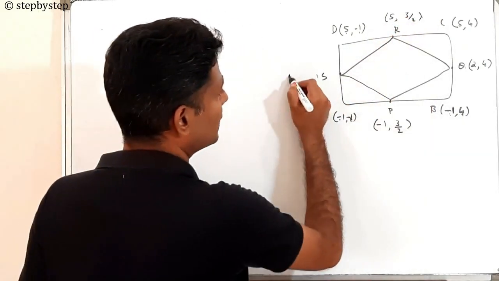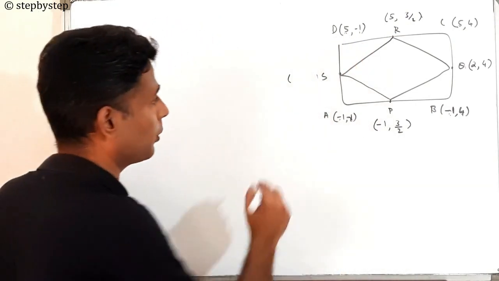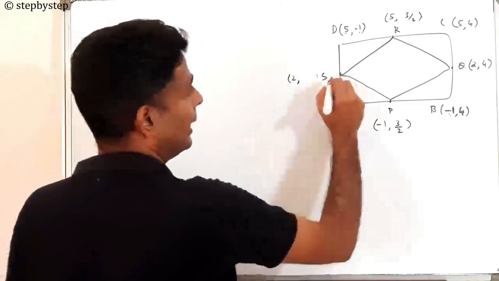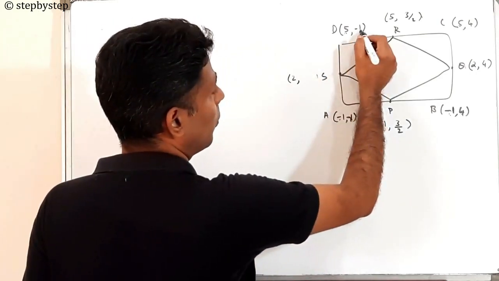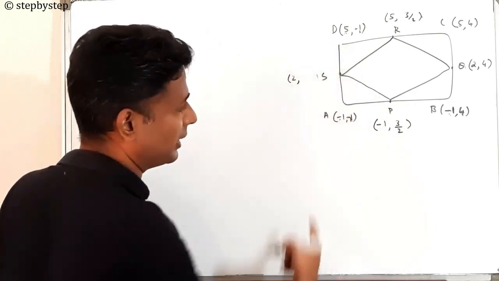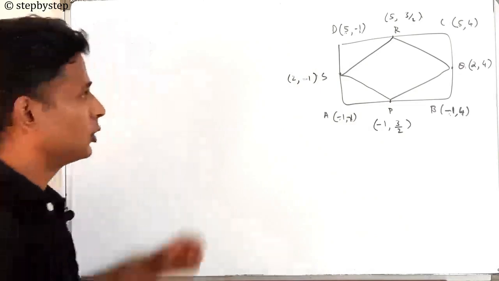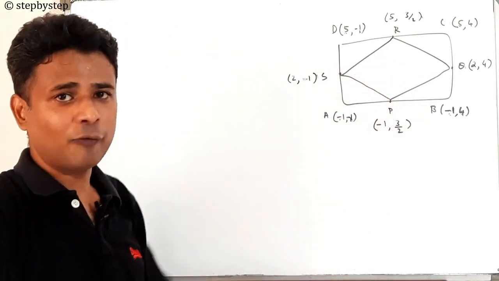Similarly, this x coordinate, x1 plus x2, 5 minus 1, 4 by 2, 2. And y1 plus y2 by 2, that is minus 2 by 2, minus 1. So we got the coordinates of all the midpoints.